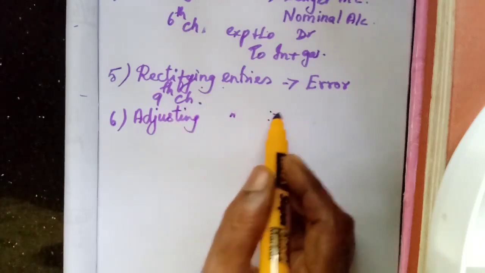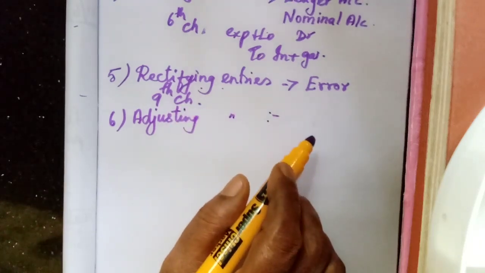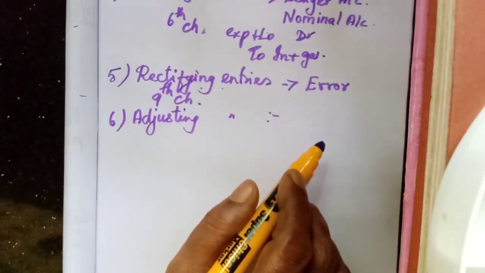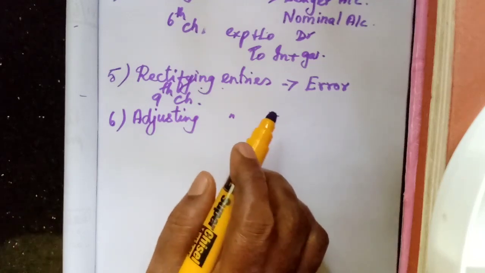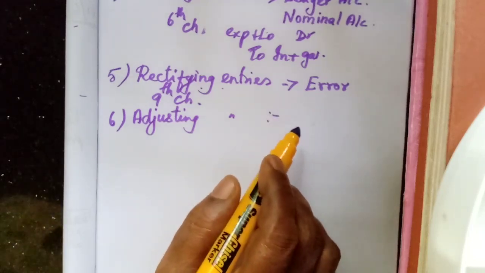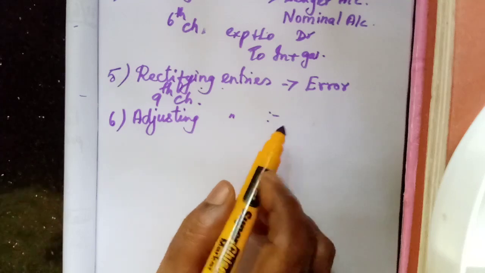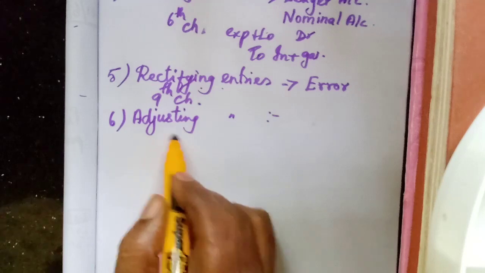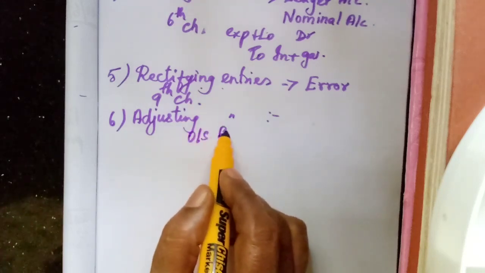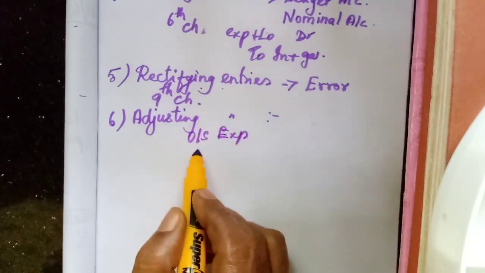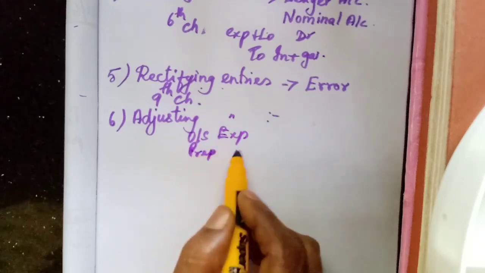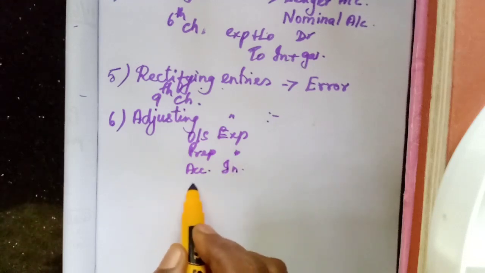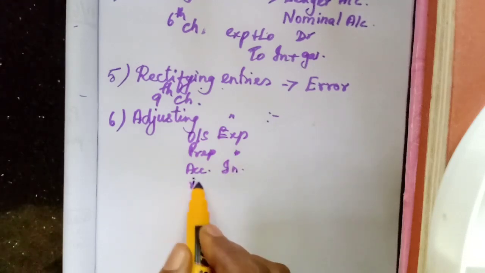Here, this one also I have told you, the concept, the accrual concept. There, all the outstanding expenses, then prepaid expenses, then accrued income not yet received, then income received in advance.